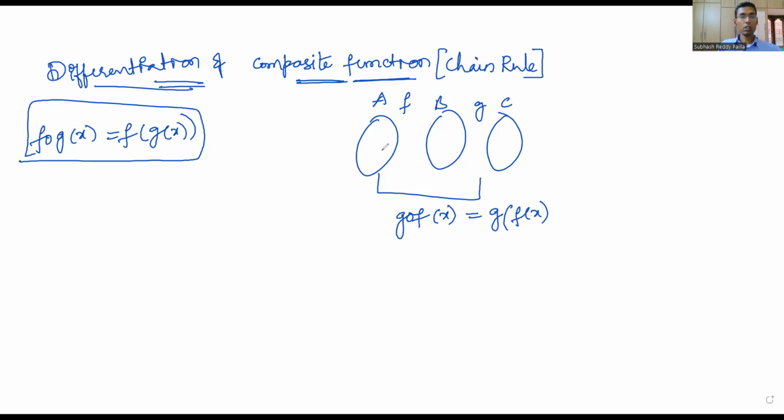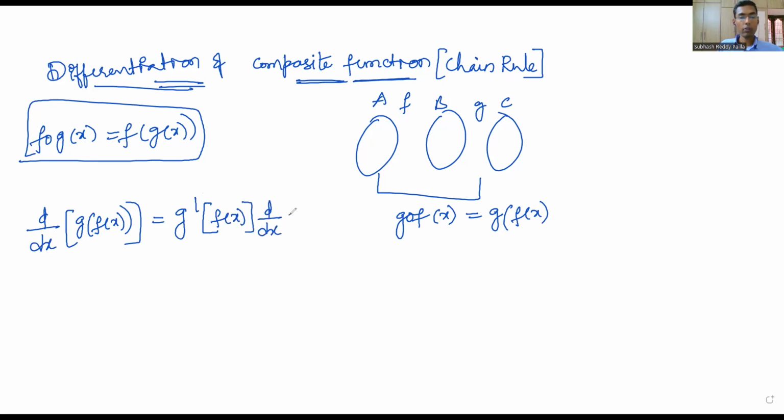So now, how do we differentiate d by dx of g of f of x? I'm telling the first formula. First, you differentiate the outside function, that is g dash of f of x, into d by dx of f of x.